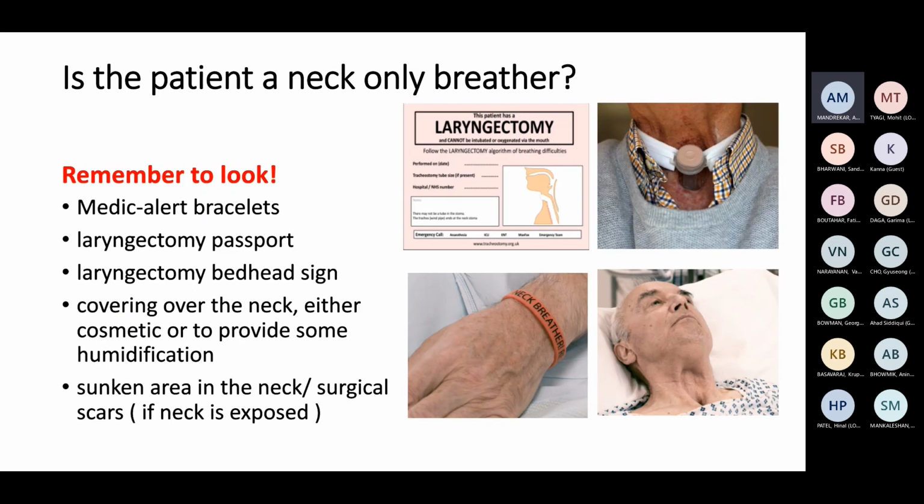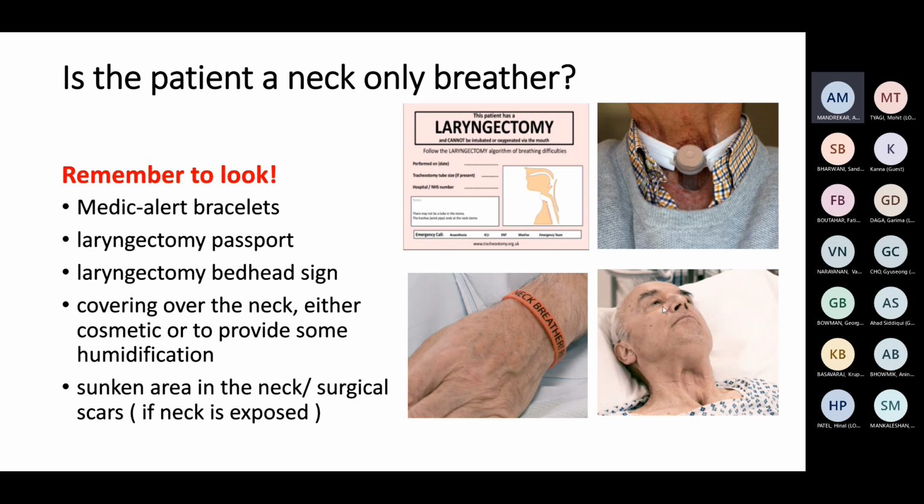Other things we need to pay attention to are recognizing that this is a laryngectomy patient, who only has one airway, which is the stoma. You can see things like medic alert bracelets. You can also see a bedhead sign that says this is a laryngectomy patient who only has one airway.